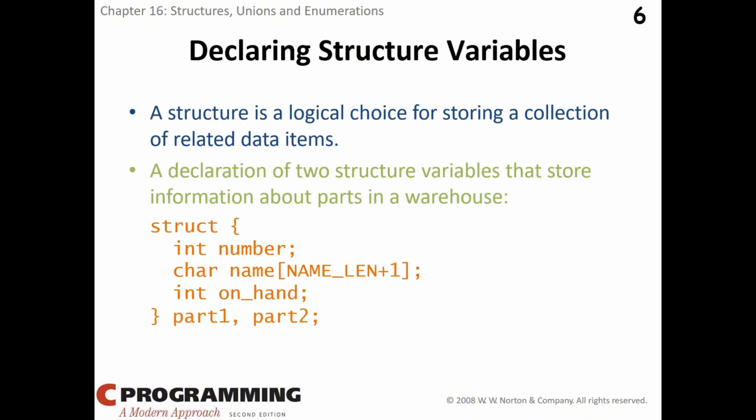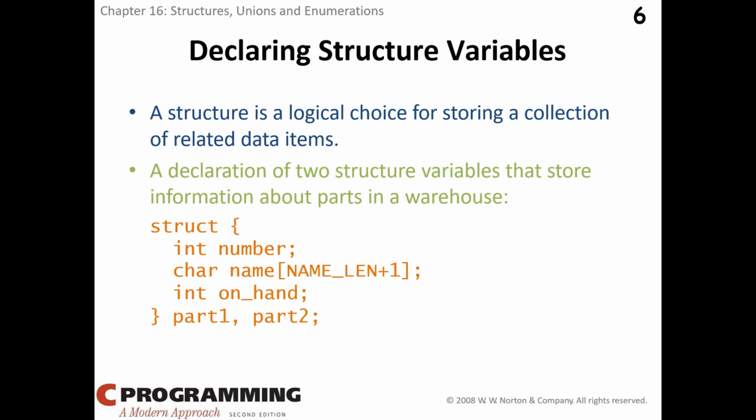And now let's explore how to declare structure variables in C programming. Structures serve as a practical solution for organizing a group of related data items into a cohesive unit. Imagine we have a scenario where we need to store information about parts in a warehouse. We can create a structure to encapsulate this data.